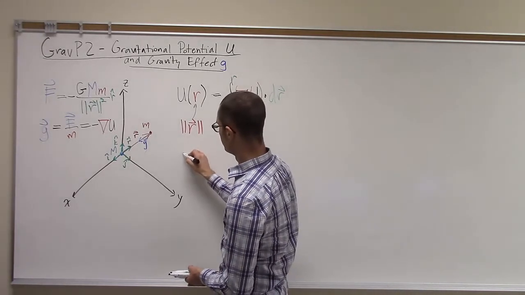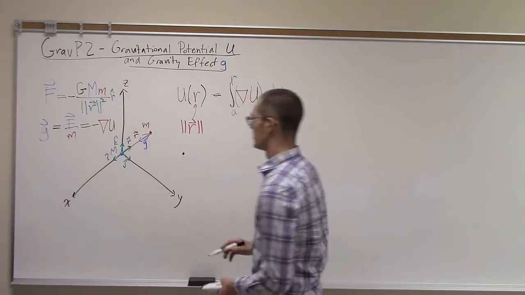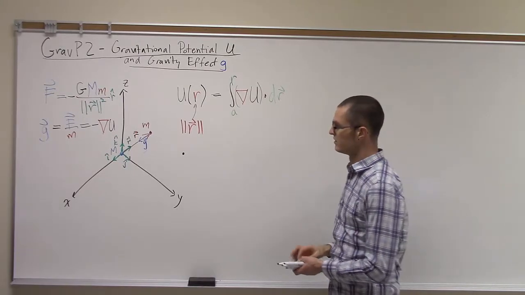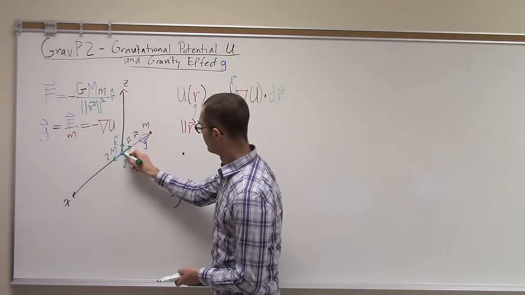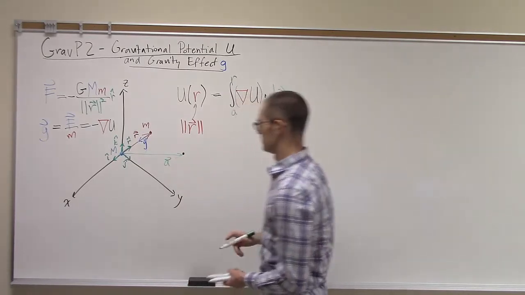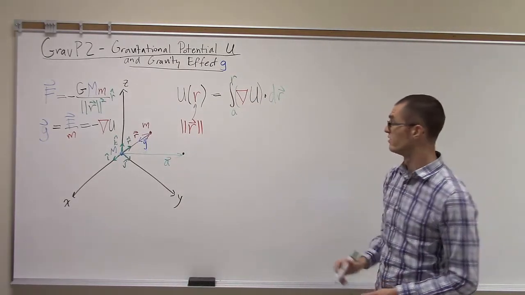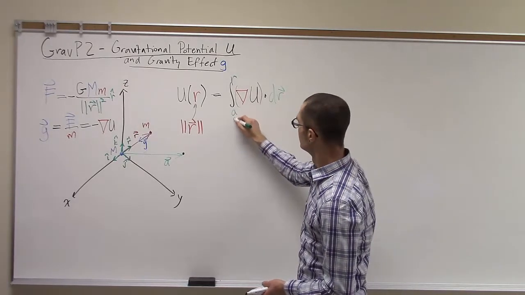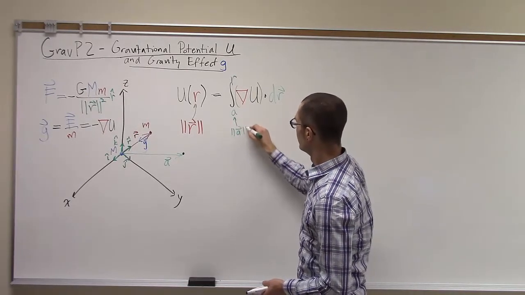So this is a path vector, so it goes along a specific path. Let's say I start from some arbitrary point over here. That one is a distance A from the origin. So A here is the magnitude of the A vector.